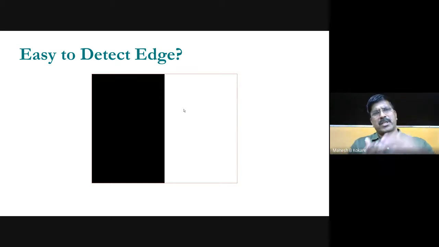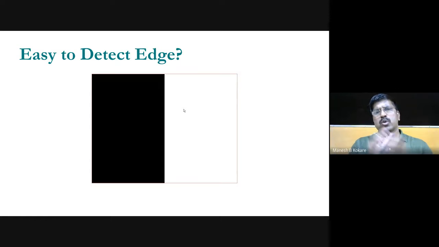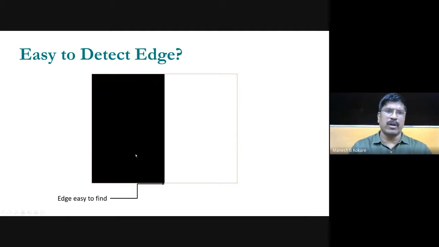So integration is analogous to a low pass filter, whereas difference is analogous to a high pass filter. So an edge can be detected by a simple high pass filtering operation, and detecting these edges is easy because there is a very sharp change in intensity at the boundary. So we can detect this edge very quickly, and this edge is easy to find.